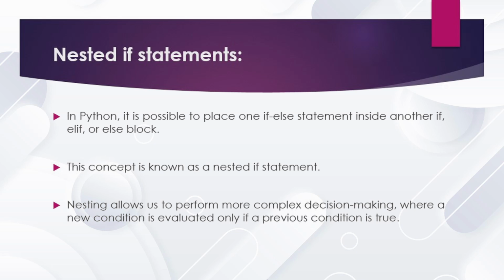Nesting allows us to perform more complex decision making where a new condition is evaluated only if a previous condition is true. Nested if statements are useful when the outcome depends on multiple levels of conditions. For example, we may want to check a second condition only after the first one has been satisfied.